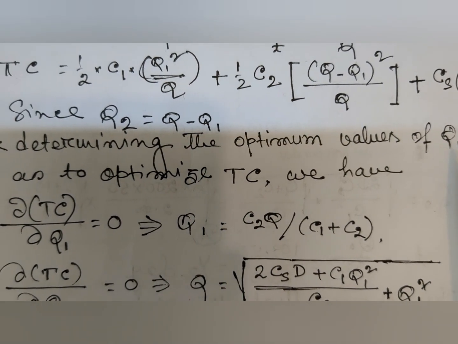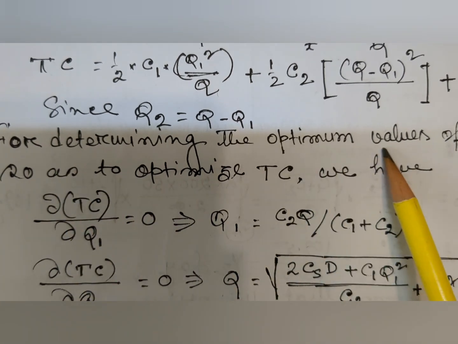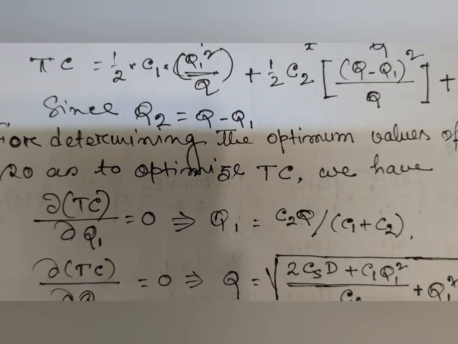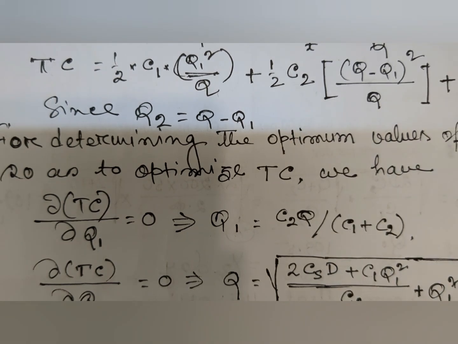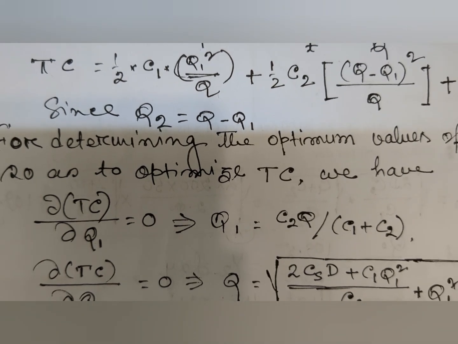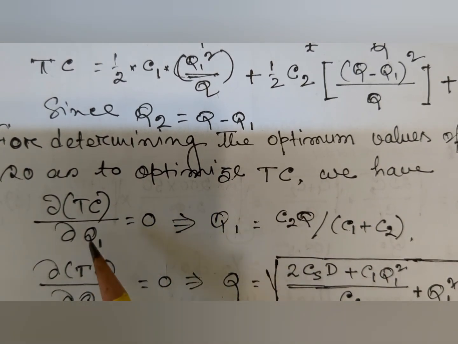Now, for determining the optimum values of Q1 and Q, what will be the optimum value of Q, meaning the ordering quantity, and the optimum size of the backlog order. You have to find that out. You see, it is asked in the problem. What we have to do? As there are two variables, we have to use partial differentiation.